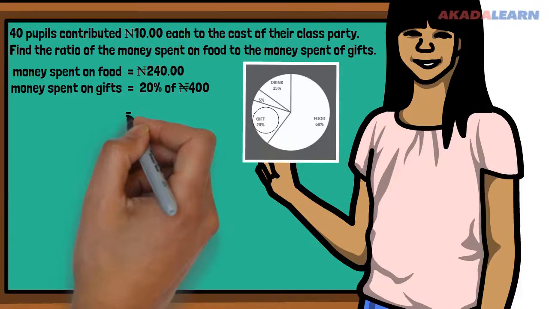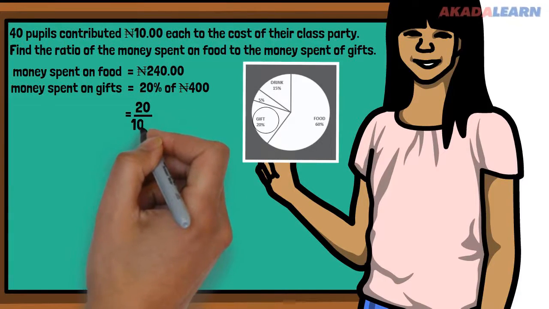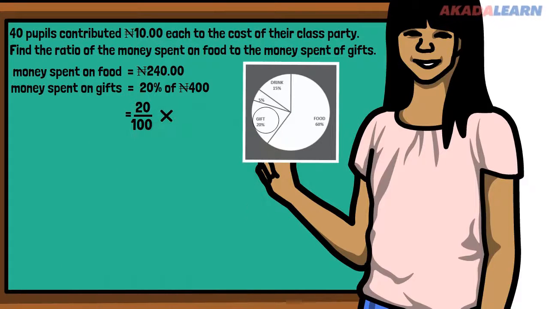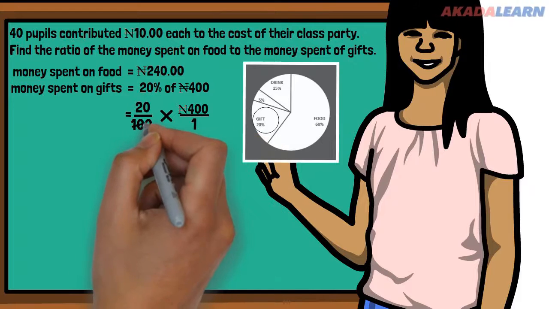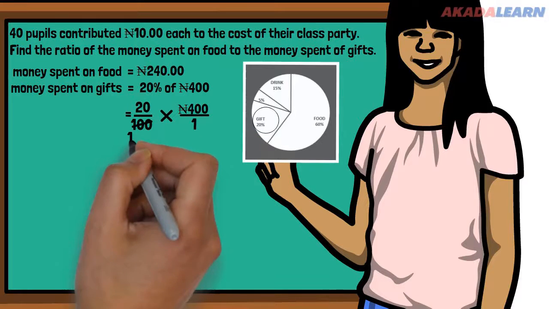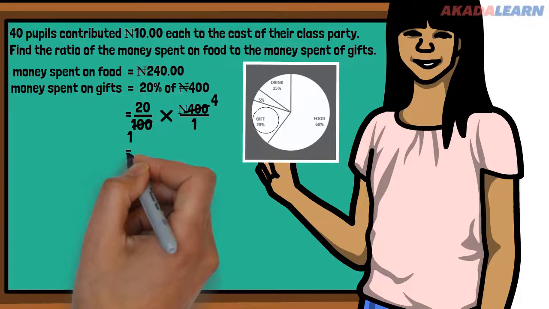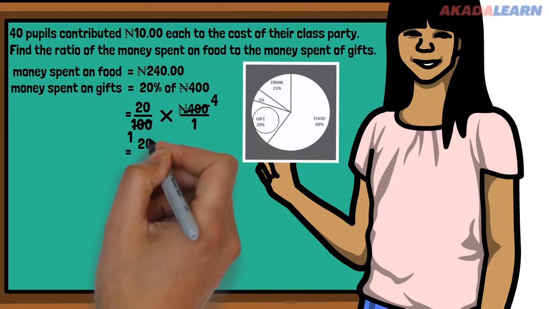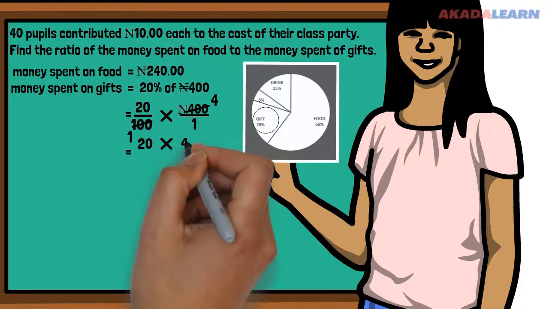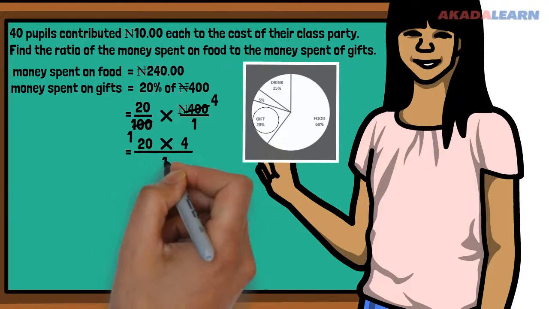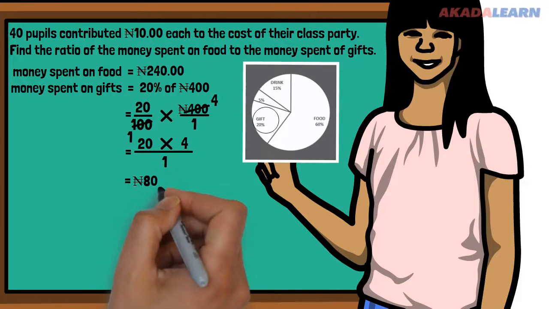So that's 20 over 100 times 400 over 1. 100 divided by 100, that'll be 1. 400 divided by 100, that'll be 4. So that'll be equal to 20 times 4 over 1. So 20 times 4 is equal to 80 naira.